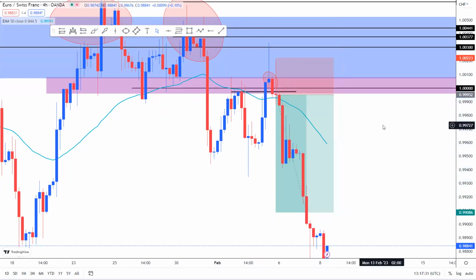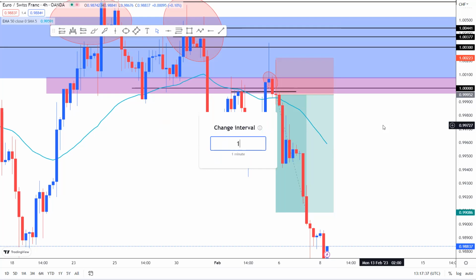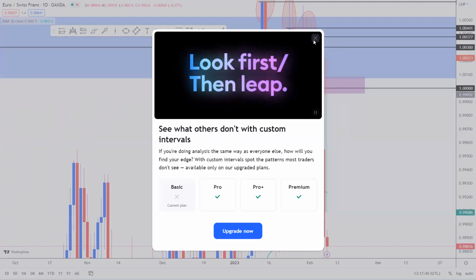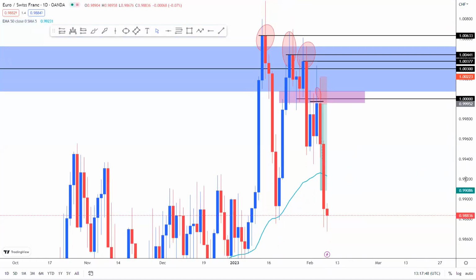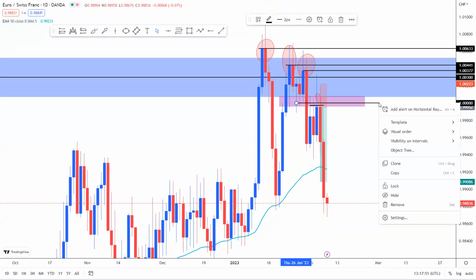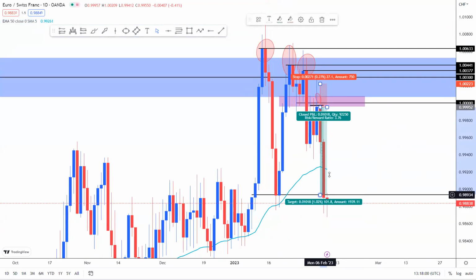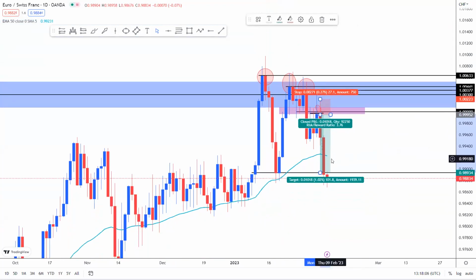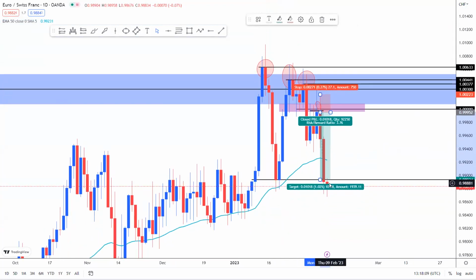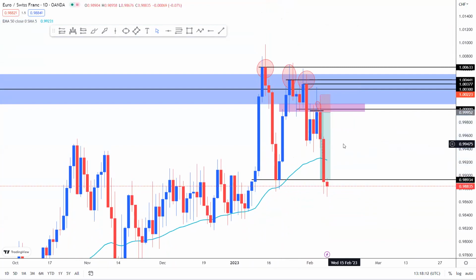And then I was pretty much targeting the previous daily lows on this. That's my take profit, for a nice 1 to 3.76 risk to reward. Even a 100 pips take profit on this.